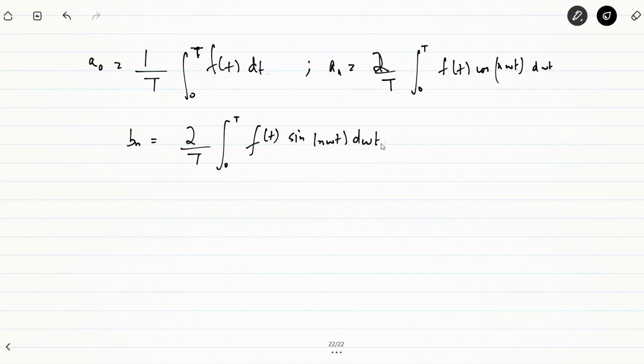Fine. So you also have, for an odd function and for an even function, the values of a0, an, and bn. Where for an odd function a0 is 0 and an is 0, and for an even function bn is 0.